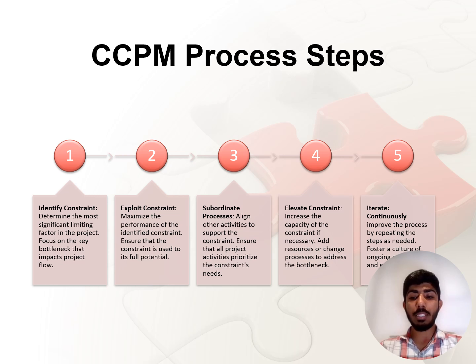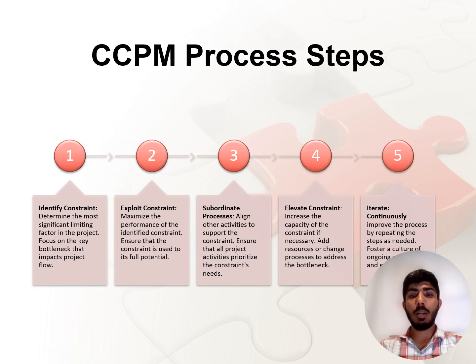Elevate the constraint as well, which is part of the process, by increasing its capacity. Finally, iterate to continuously improve the process. It is like finding the rarest Lego pieces, first using them efficiently and adjusting your build plan accordingly. So let's move to the next slide.